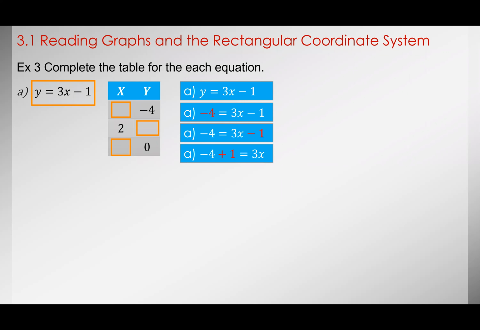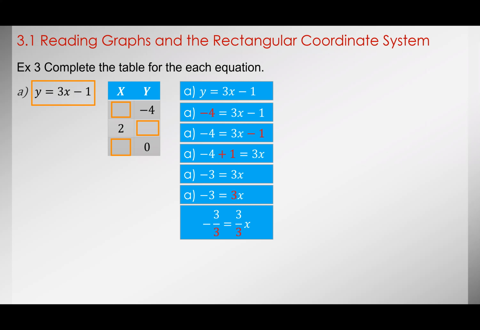To get rid of 1, I add it to the other side to give me -3, because -4 plus 1 is -3, equal to 3x. And just like before, how do you get rid of the 3? We need to divide, and if I divide, I see that my x is equal to -1. So I found that missing value. My missing value is -1. Everybody see where my -1 comes from?